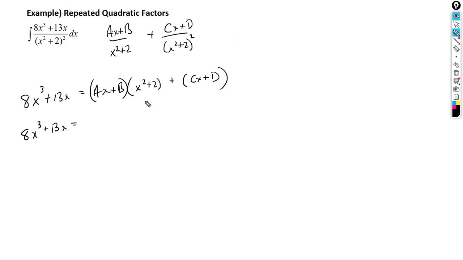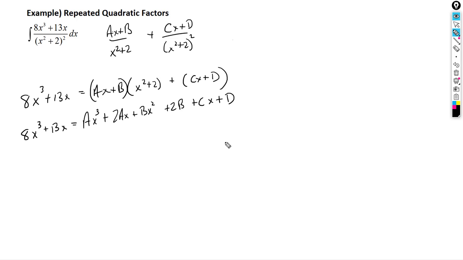So I am going to multiply everything out like I said, so I get ax to the 3 plus 2ax plus bx squared plus 2b plus cx plus d. Okay, so that's what I get. And what I am going to do is a little manipulation with both sides of the equation.